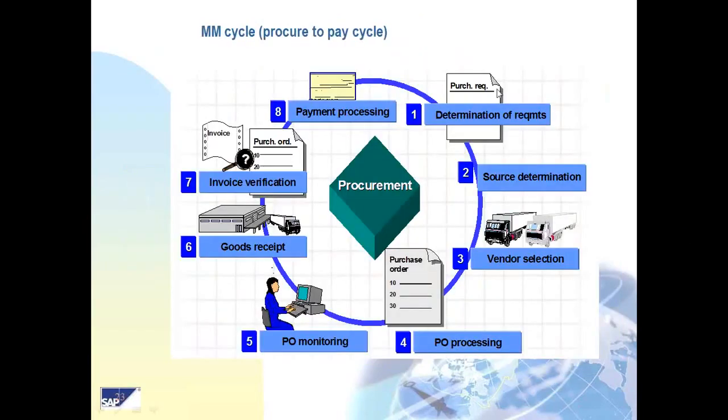So there is the MM cycle, the procure to pay cycle. Initially we need to determine the requirements, that is called purchase requisition. Based on the requirements, the system will generate the source automatically. Based on the source, the system selects the vendor. Once the vendor has been selected, you can generate the PO.